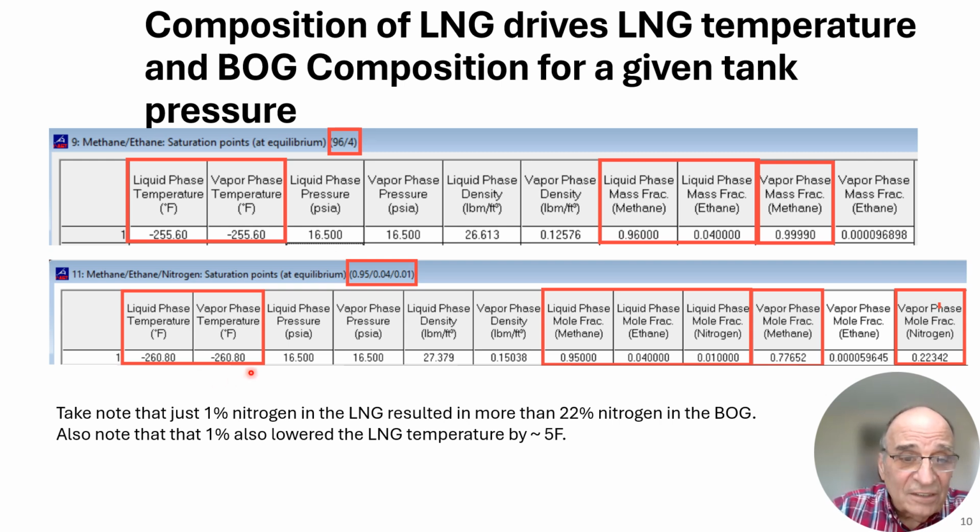And notice what it's done to the temperature. Now the temperature is minus 260.8 degrees Fahrenheit. If it did not have the nitrogen in it, it would have been minus 255, as shown here. Take note that just 1% nitrogen resulted in more than 22% nitrogen in the bog, and that 1% nitrogen also lowered the temperature by 5 degrees Fahrenheit.